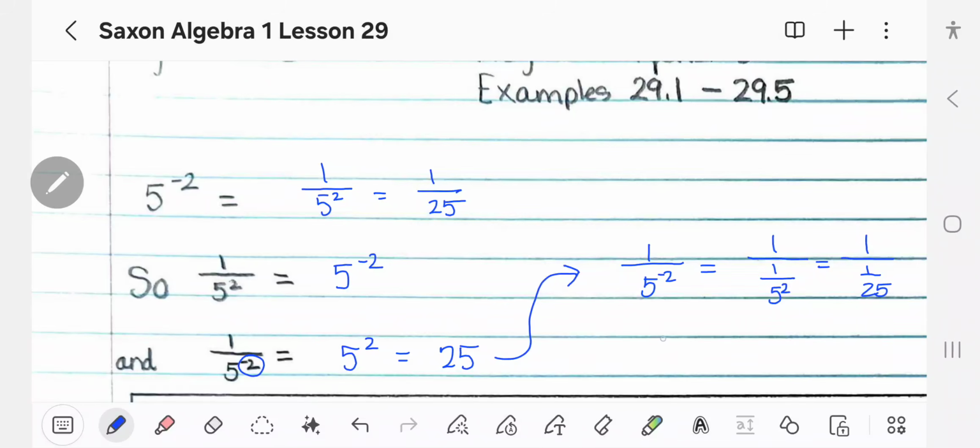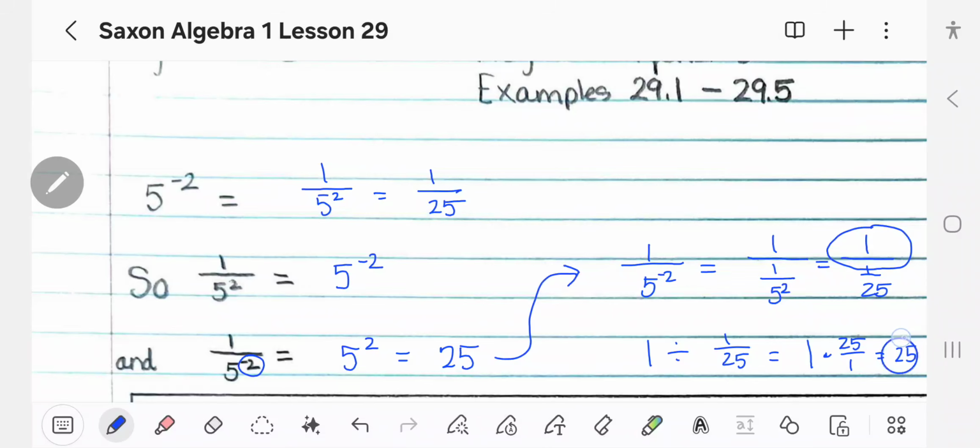What does that mean? 1 over, let's rewrite that as 1 divided by. So 1 divided by 1/25. Let's keep, change, flip. That's going to be equal to 1 times 25 over 1, which is going to be equal to 25.